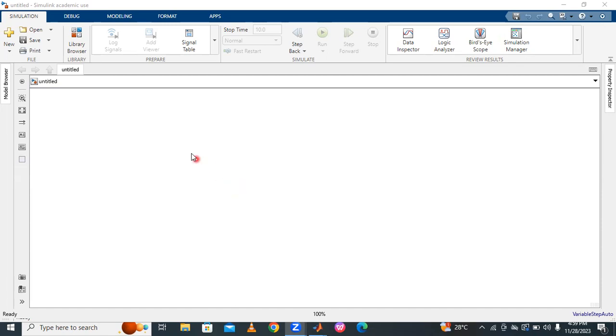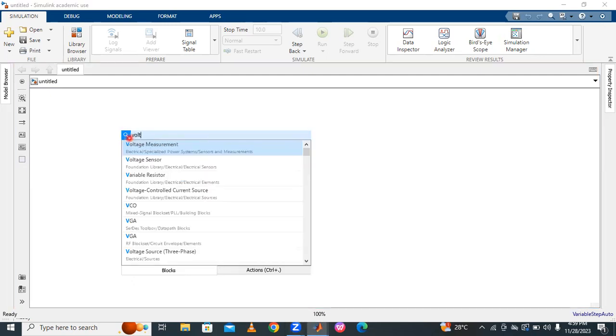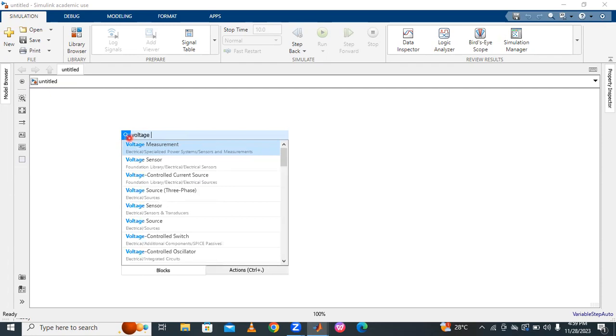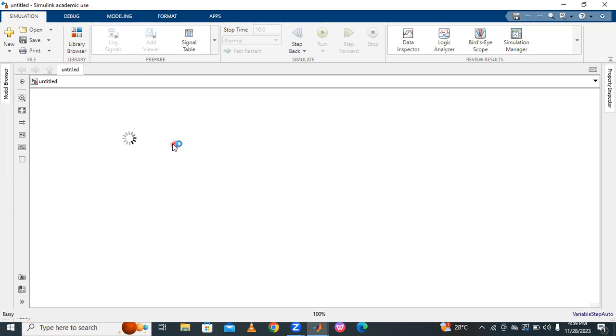To get these dependent sources in MATLAB Simulink, right here, this is called voltage controlled current source.